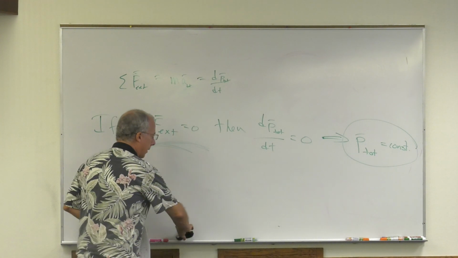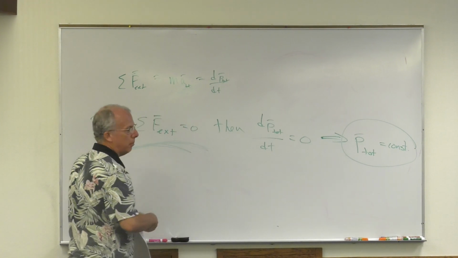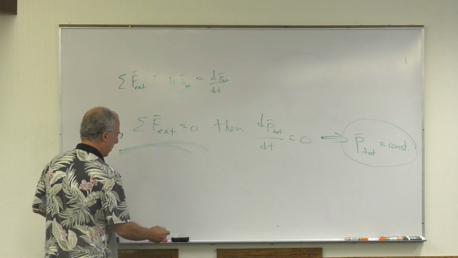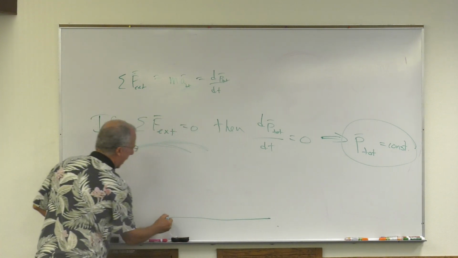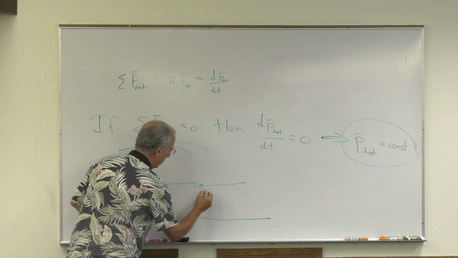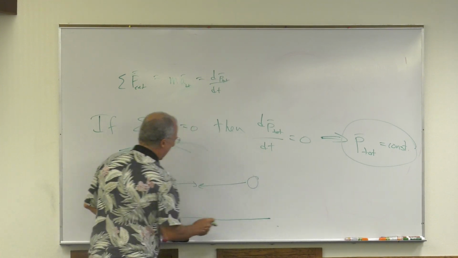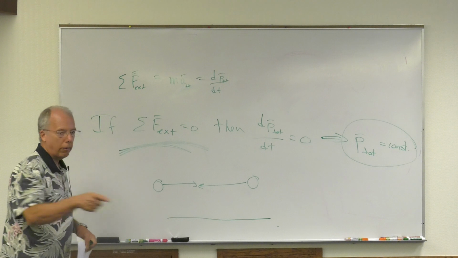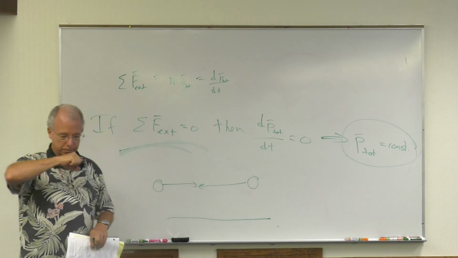Okay, let's say we have a collision in midair. Here's the floor or the ground, and I shoot a ball this way, and I shoot a ball that way. Again, are there any horizontal forces? We're ignoring air resistance.